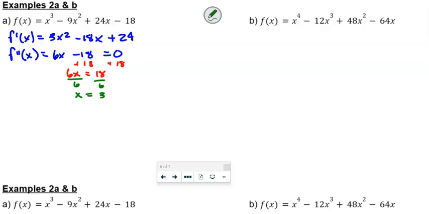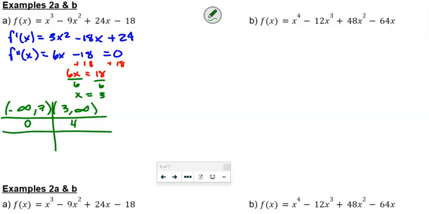So when we do this one, we are, again, negative infinity to 3, and then from 3 to infinity, okay? So here we go again. So I'm just going to do, let's see, what did I do? I did 0 and 4. Okay, so when I put 0 in there, 6 times 0 is 0 minus 18, so that would be... Wait, where am I at?